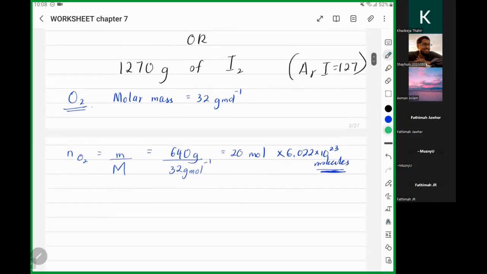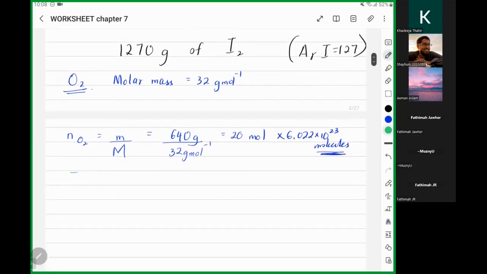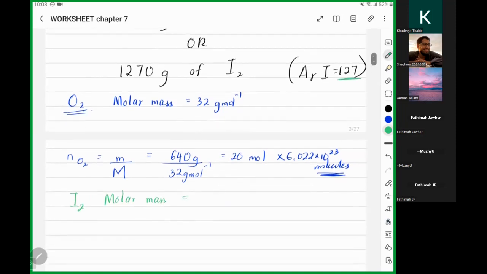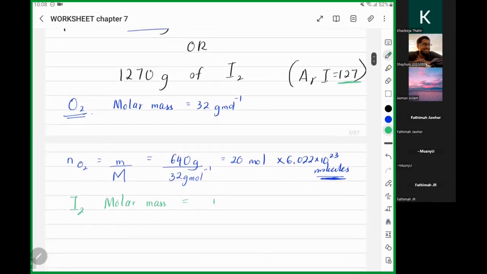So for I2, how will you do it? The iodine I2 molar mass will be 127 into 2 because this is for one iodine. Okay. 127 into 2. I'll just leave it like that. Or we can simplify it. So 4, 5, 2, 254. Okay. Gram per mole. Then we have to find the number of moles.